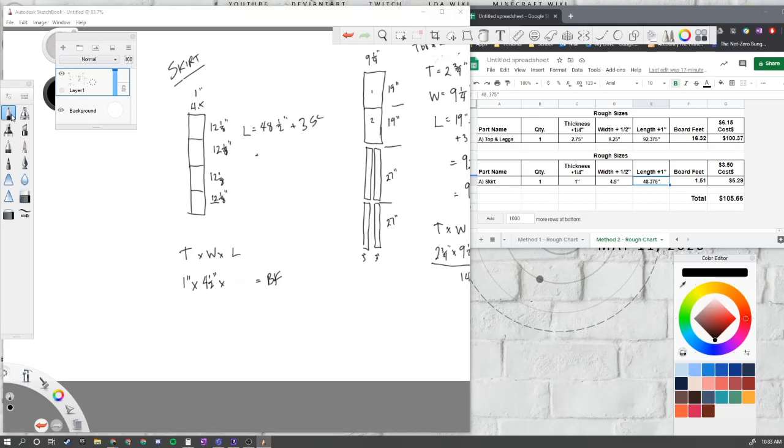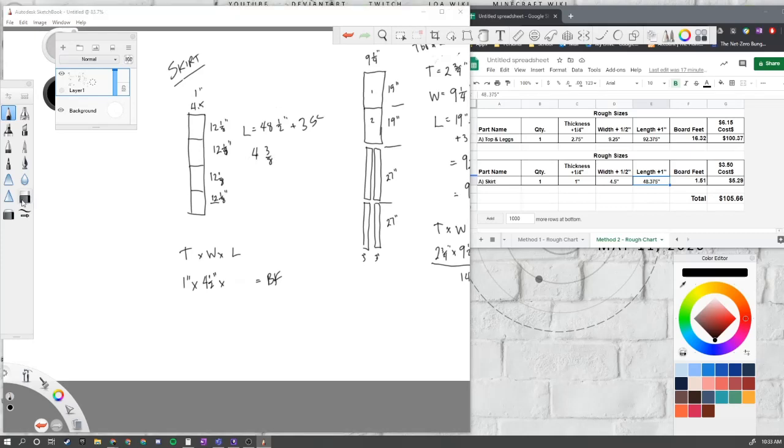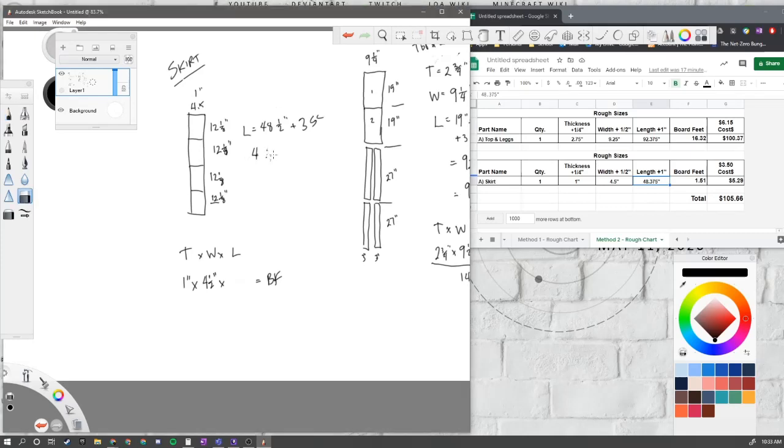So 3 times an eighth is 3/8. Here, let me start this line again. So it's going to be 48.5 plus 3/8, which equals 48 and 5/8.